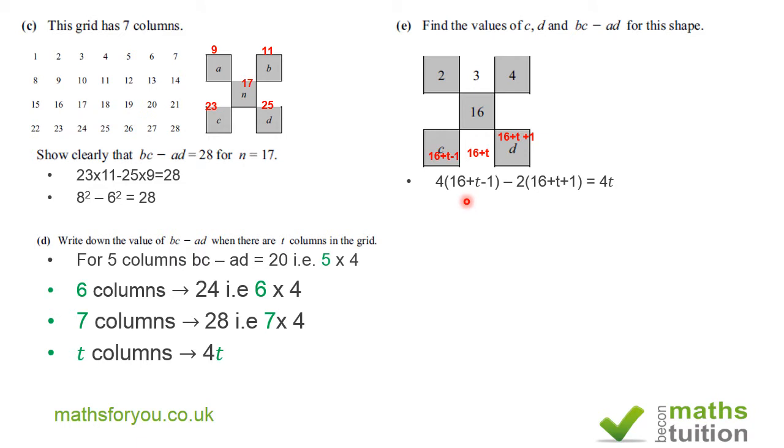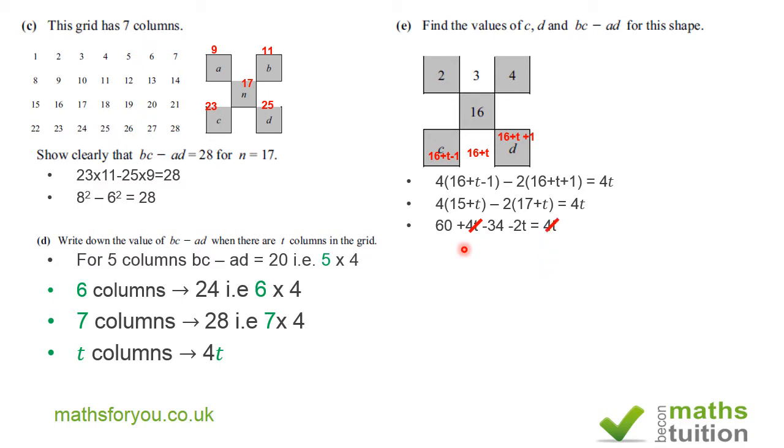Now 16 plus t minus 1 gives us 15 plus t, and 16 plus t plus 1 gives us 17 plus t. So we end up with 4 times 15 plus t minus 2 times 17 plus t, equal to 4t. Open up our brackets, and we have 60 plus 4t minus 34 minus 2t is equal to 4t.